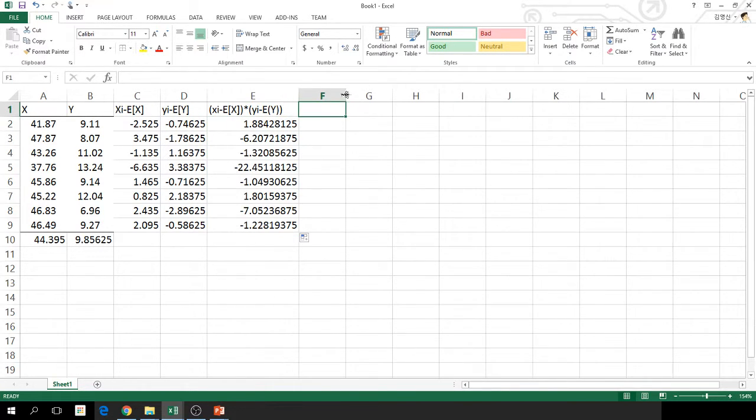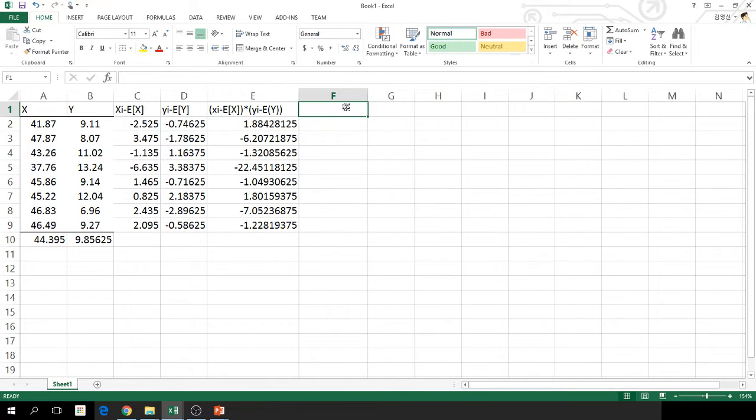And here is the column for xi minus the mean of x, squared. That means this number squared.